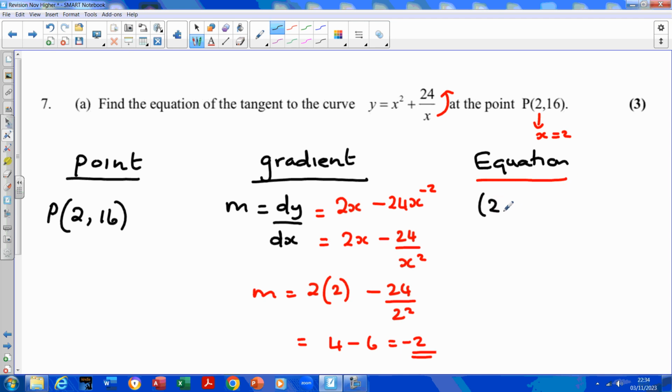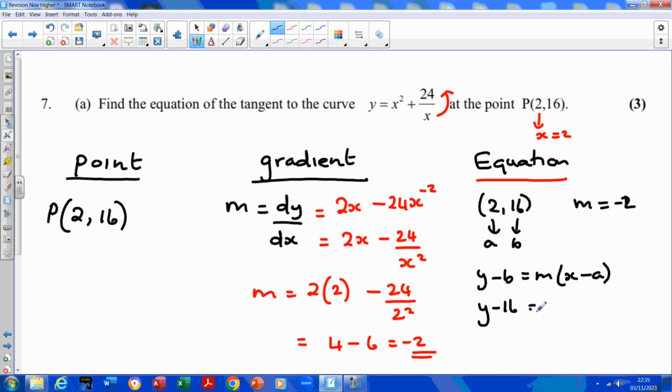So now for the equation, gather my information. I've got the point (2, 16). So that's a, that's b. And I've got the gradient is equal to -2. So y minus b is equal to m times x minus a. So we've got y minus 16 is equal to -2 times x minus 2.